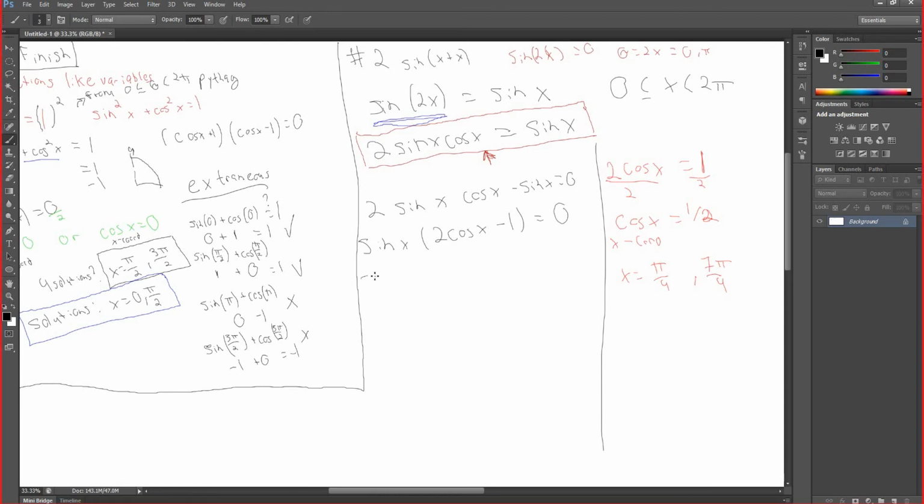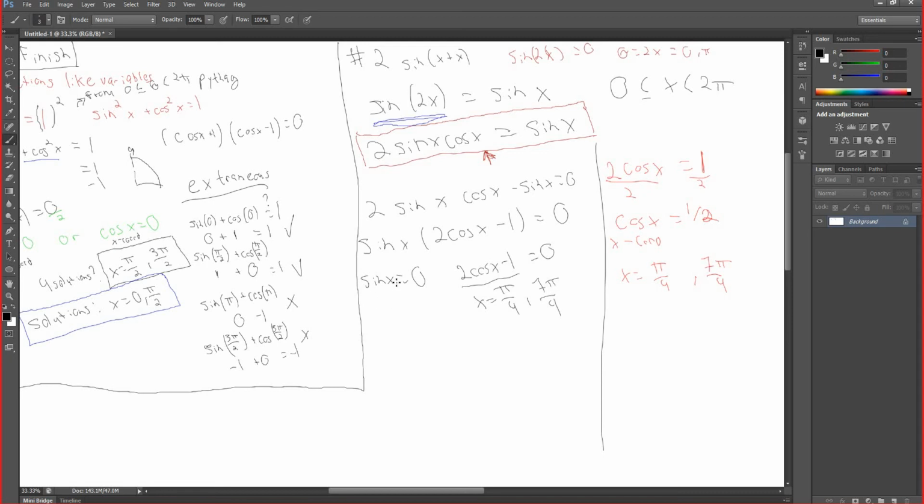So now I've got either sine of x equals 0 or 2 cosine of x minus 1 equals 0. Well, this we had before. This is the same as what's on the right in red. So this will give me x is equal to pi over 4 or 7 pi over 4.